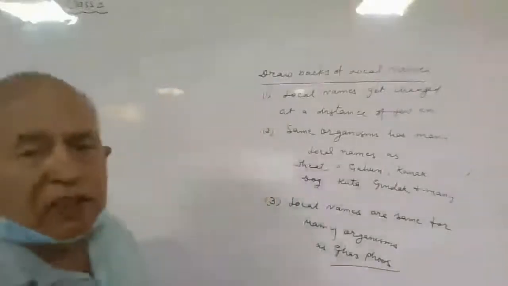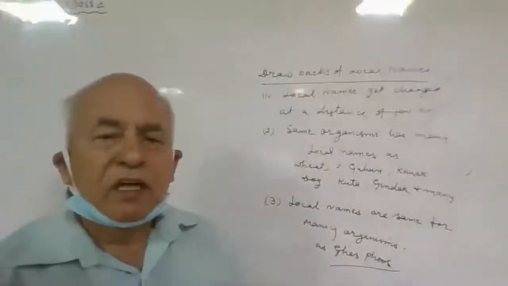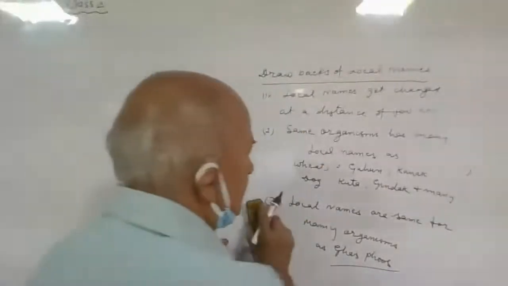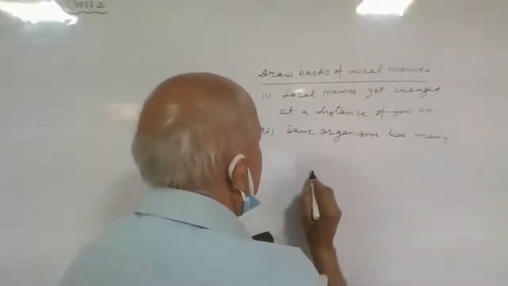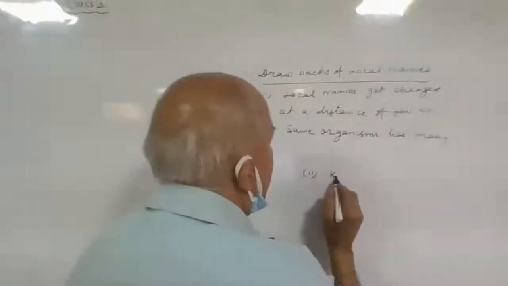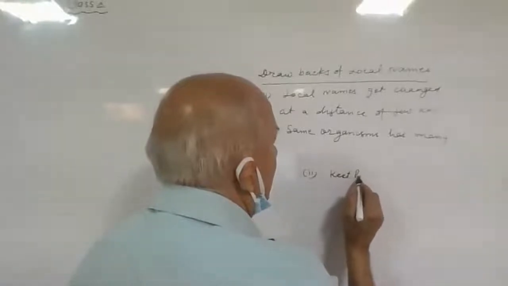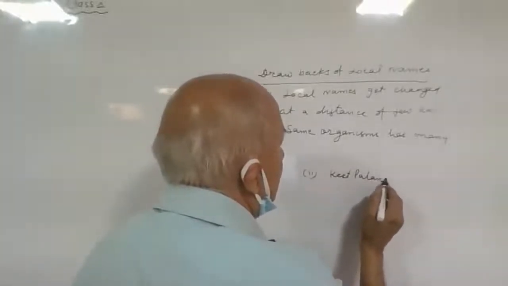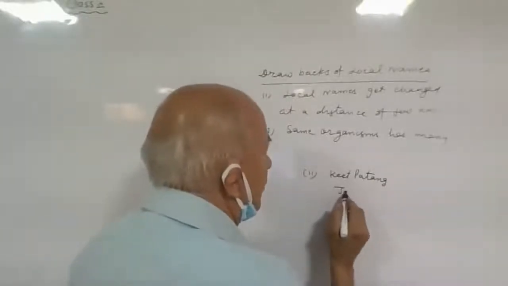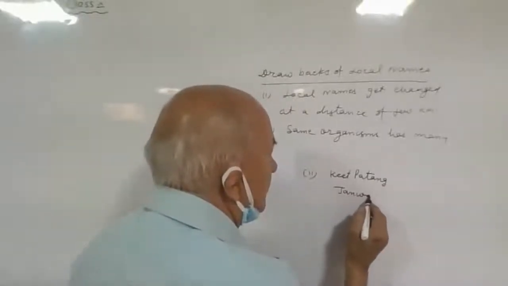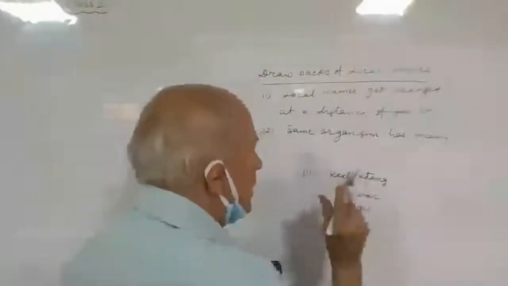Many small grass type of structures are simply named as grass foods. कीट, पतंगा, जानवर, पशु and so on.